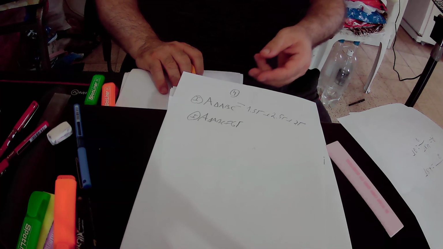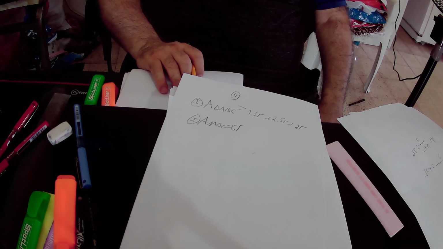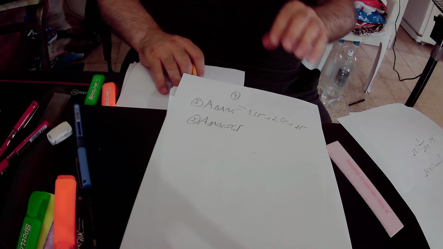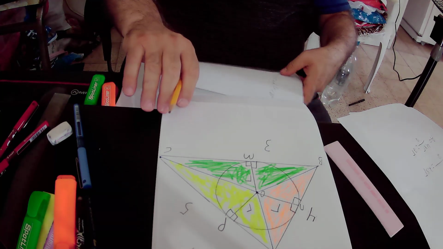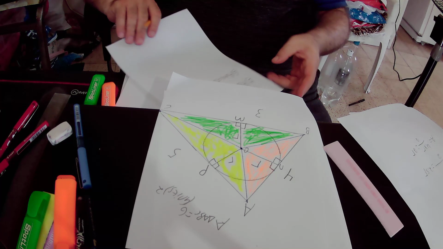Okay, so we can substitute the area of triangle ABC by 6. We know that according to what is given to us in the question, the area of triangle ABC equals 6 units squared.